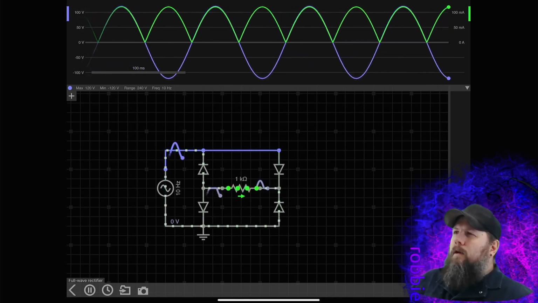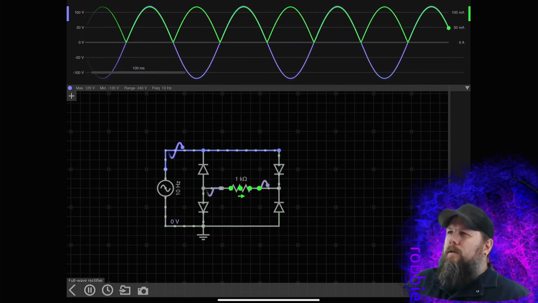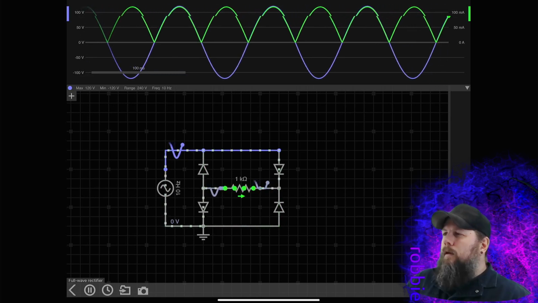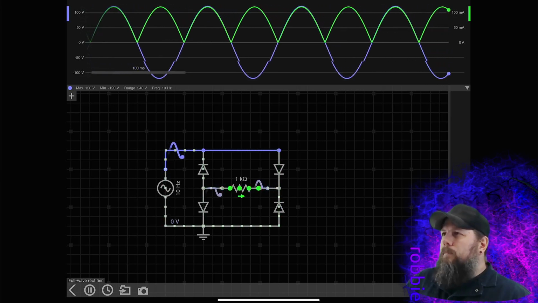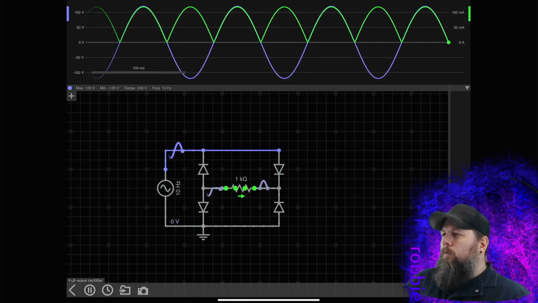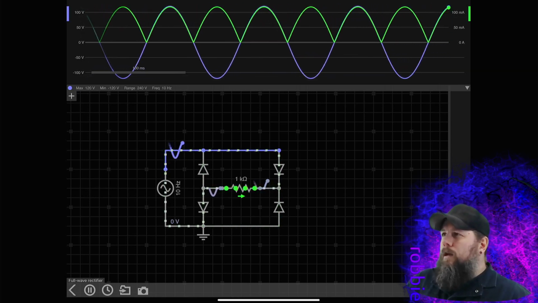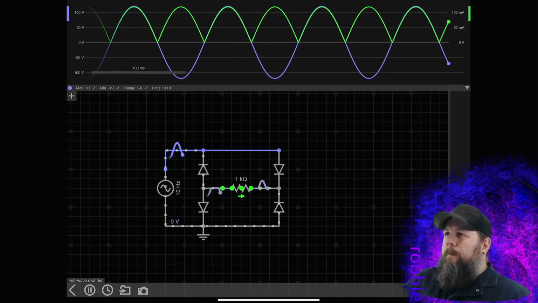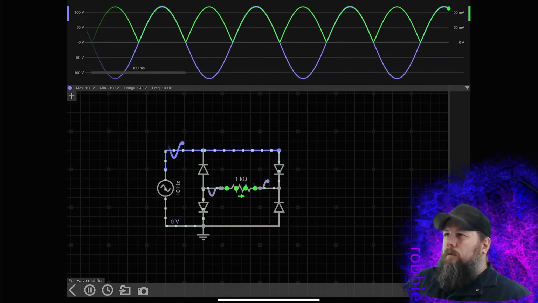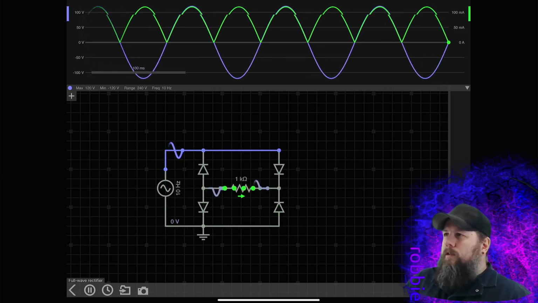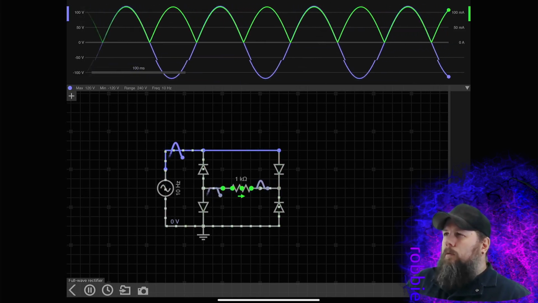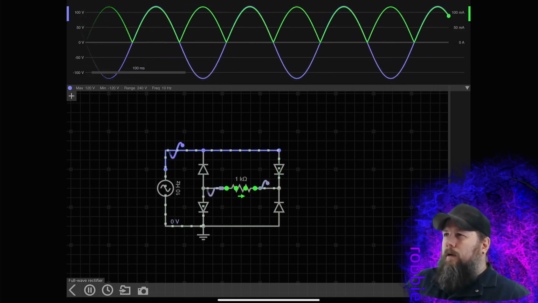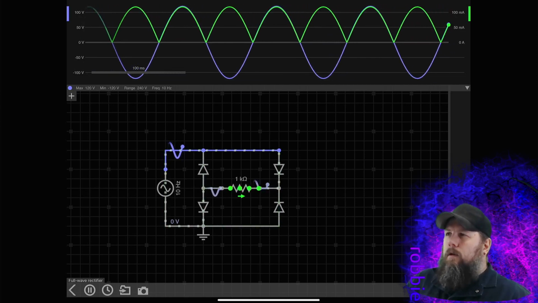Like if you have that big old V there, it's DC, but it's real noisy. And if it's from the wall at 60 hertz, it's going to be a 120 hertz signal right there, because it's going twice every time we go once, right? So we can use capacitors to make that green line start straightening out. And we'll learn that later.